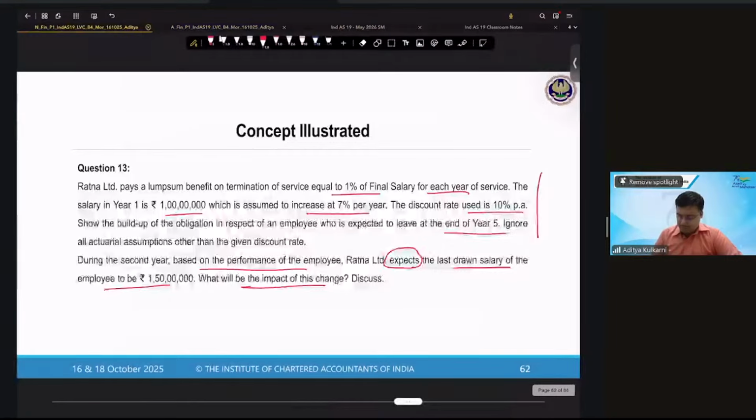Is it salary which is changing or is it expectation which is changing? Yes, expectation. So is this something within the control of the entity or not within the control of the entity? Think and answer.